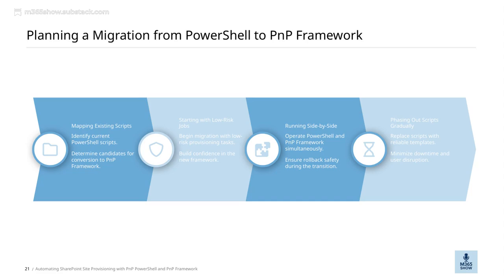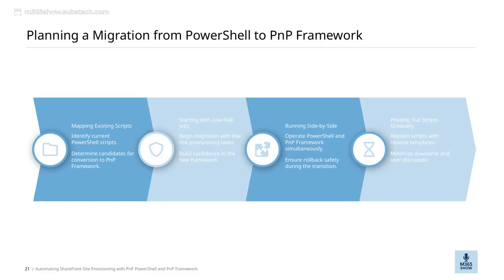We recommend starting the migration with low-risk provisioning tasks. These are simpler jobs that allow us to build confidence in the new framework without risking critical operations. The first step is to identify which existing PowerShell scripts are suitable for conversion. We then determine the best candidates to transition to PnP, prioritizing those that are straightforward and low impact.